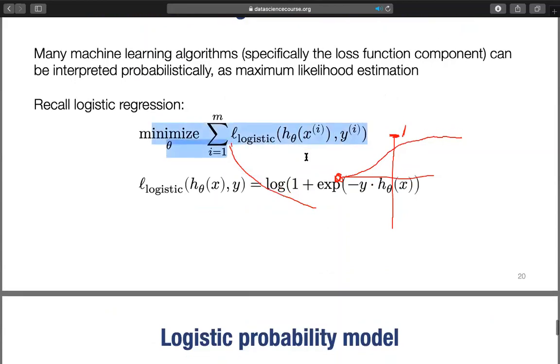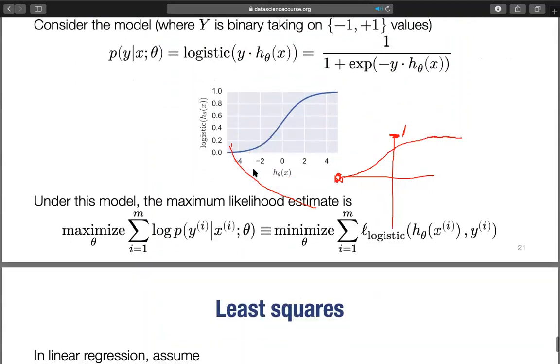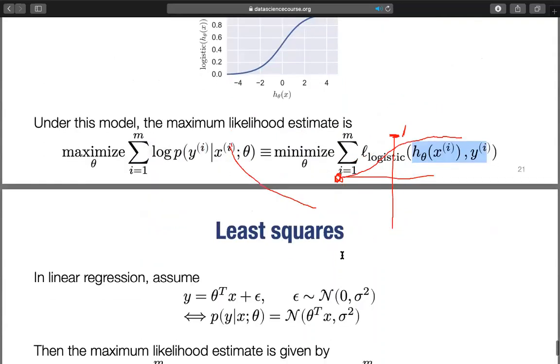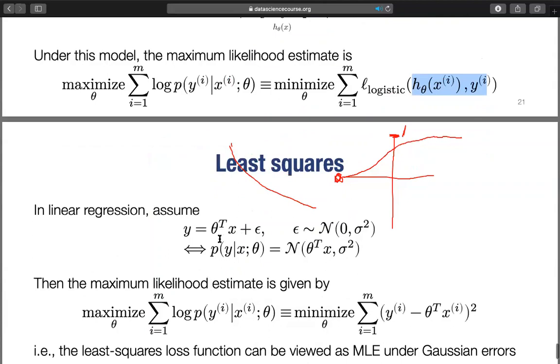But if you're using maximum likelihood estimation, what you actually want to do is to maximize this. It's to maximize the probability of predicting the correct y, as opposed to minimizing this value here, right? And you can actually still apply this to your least square algorithm here.